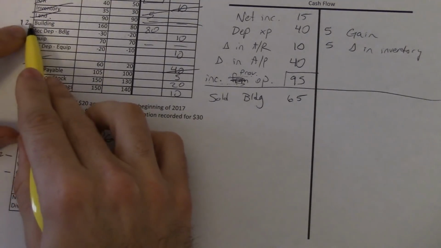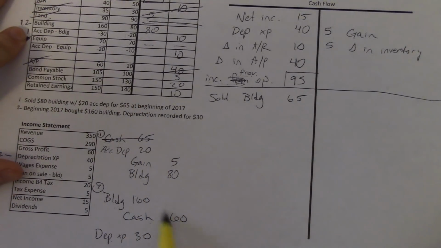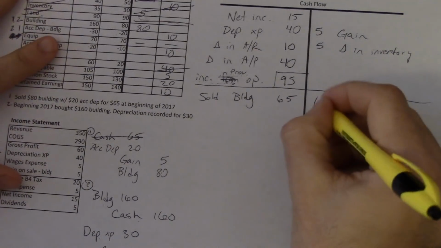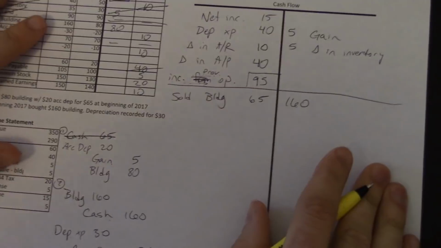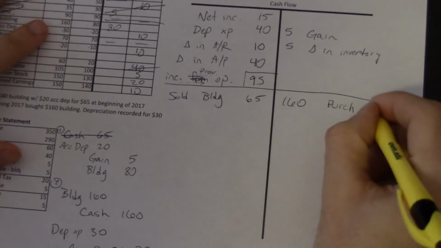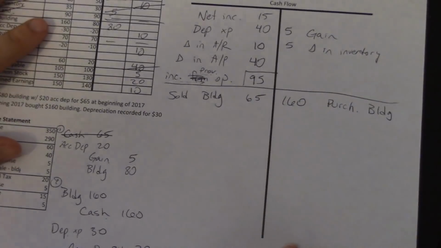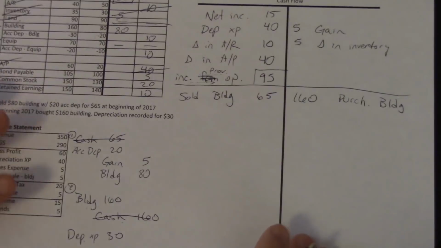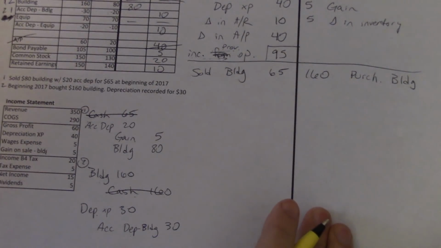So that was number 1. Number 2, the cash being affected is a credit of $160. We're spending $160. So we'll credit the cash flow statement. And our title will be something like we bought a building, or purchased a building. There we go. We can cross cash out on the journal entry.